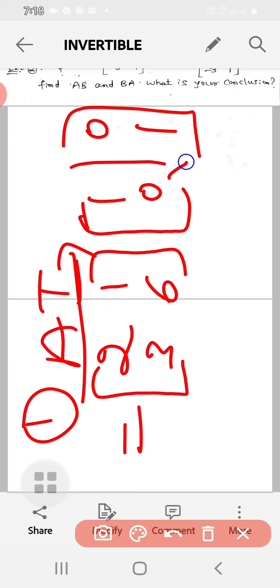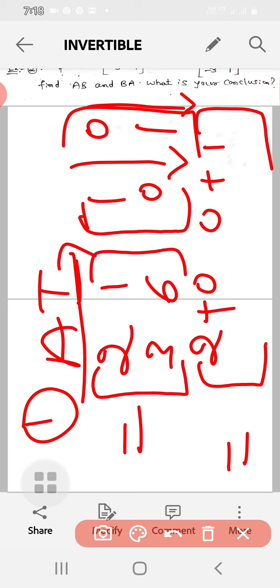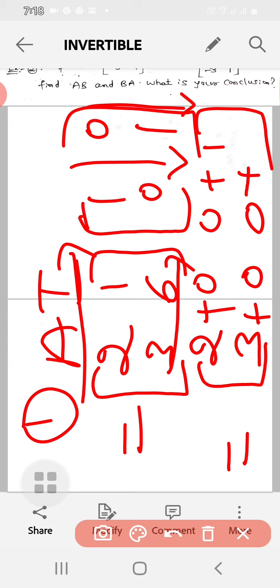First row and first column: 2 into 1, 2, plus 1 into 0, 0. Then second column: 2 into 0, 0, plus 1 into 1, 1. Then take the second row: 3 into 1, 3, plus 6 into 0, 0. Then 3 into 0, 0, plus 6 into 1, that is 6.